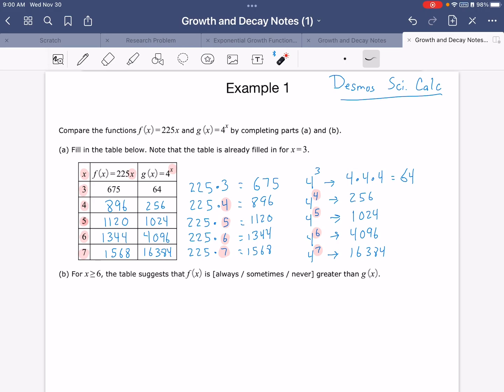So f of x is less than, so it's not greater. Let's look at 7: 1568 versus 16,000. G of x is much greater. So f of x is never greater once we get past this number 6. So the answer for the last part would be never.